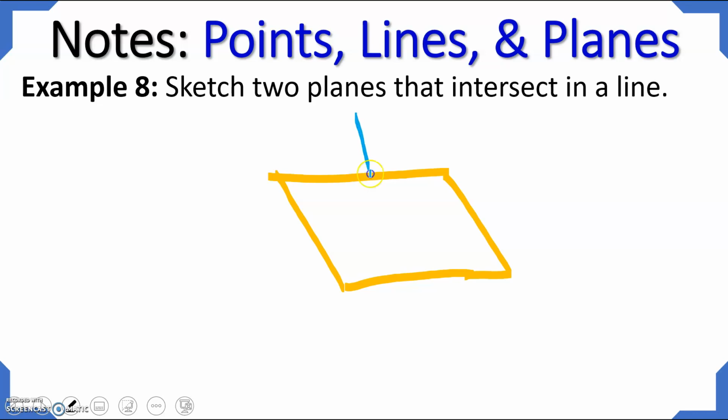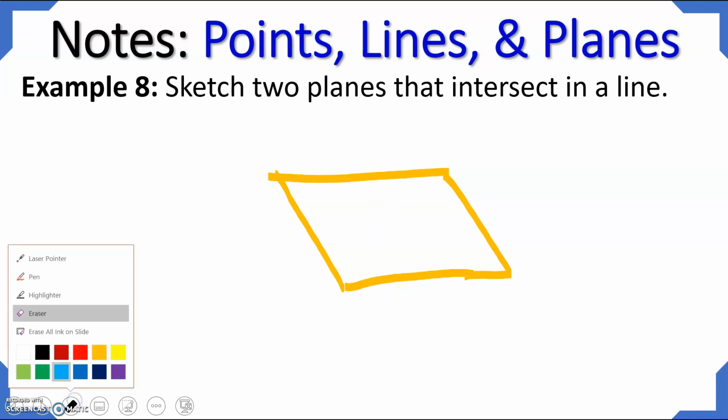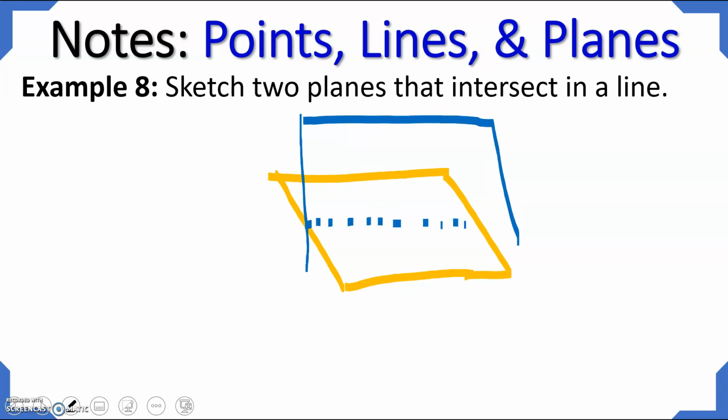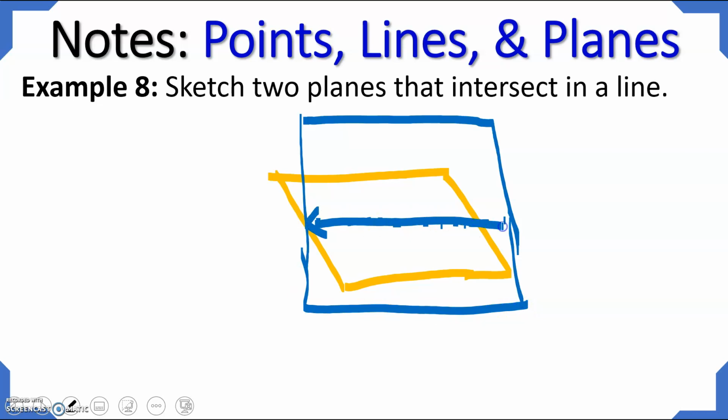So draw it in such a way that it intersects. We'll pretend that's our intersection. And it intersects at this line that exists on both planes.